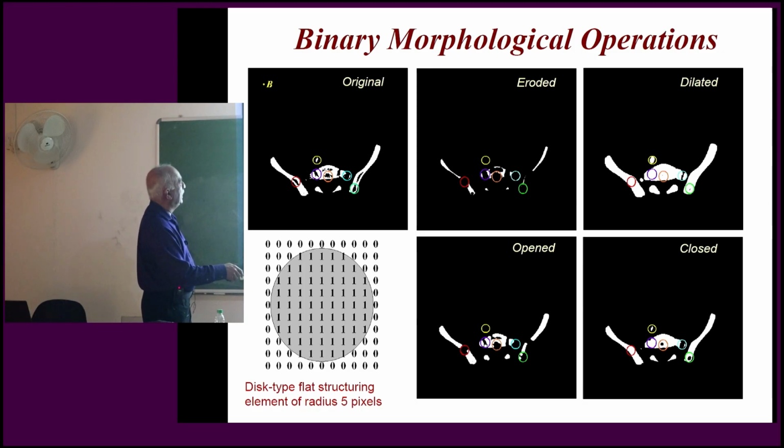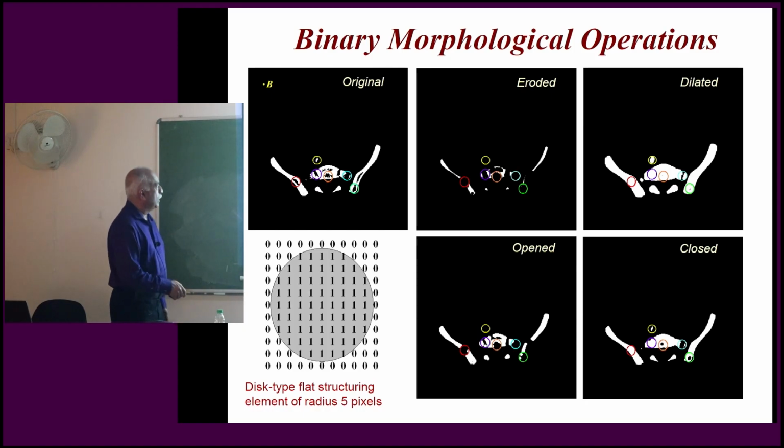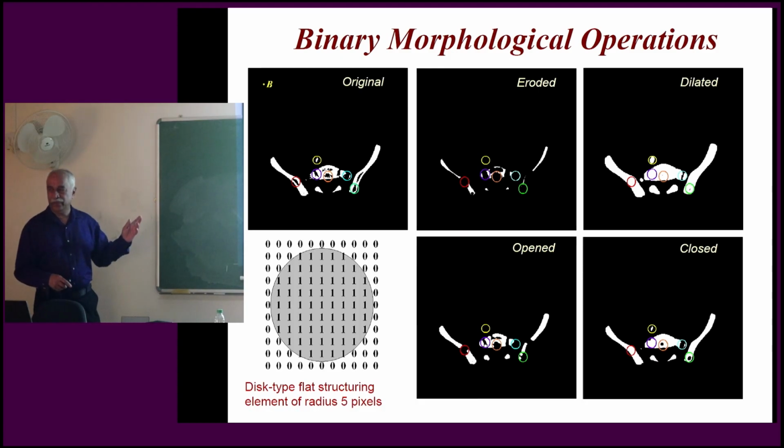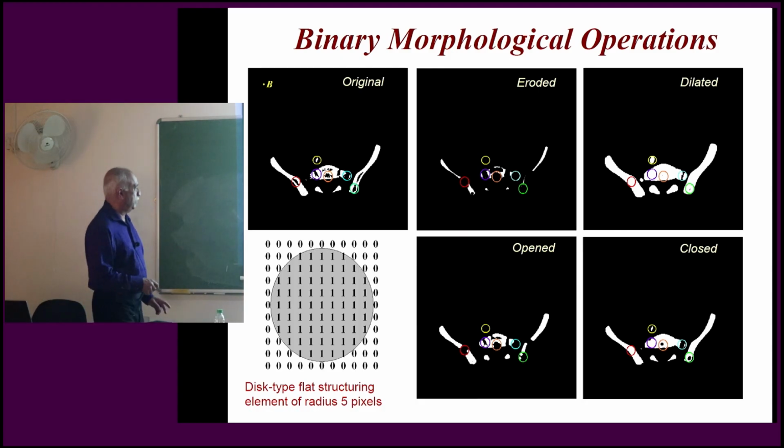If you dilate, you get that. Dilate the original. These gaps have been filled. The objects are bigger. Opening gives you this, closing gives you that. Again, it depends on what you want to do, and there are further sequences of operations that you could perform.